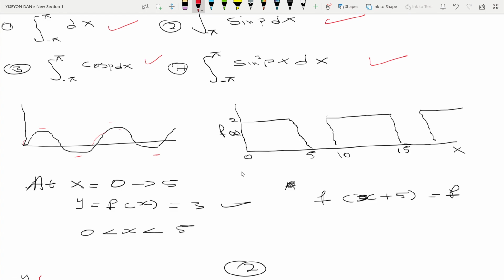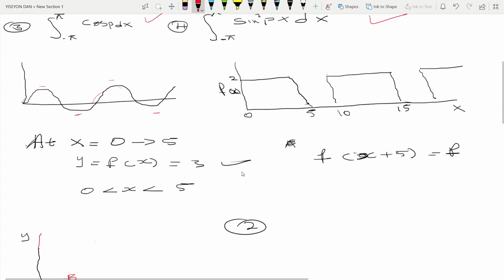All right, so let's consider this first graph. We have a graph of f of x. This is f of x over here, and x against x. We have 0 to 5, 10 to 15, and so on. Now, to determine the period of this graph, we look at this; this is meant to be 3, this is meant to be 3, this is meant to be 3.